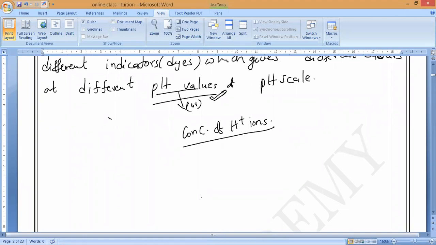So from this I can say the universal indicator gives different colors for pH values, and pH value means the concentration of hydrogen ions in the solution. Now if you observe here, the color produced by the universal indicator is used to find the pH value of acid or base solutions by matching the color with the colors on the pH color chart.